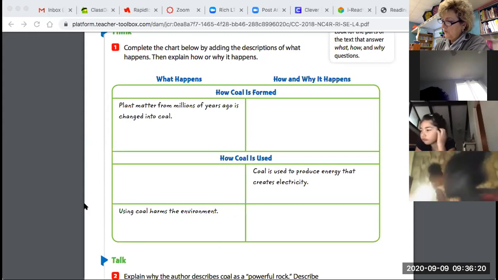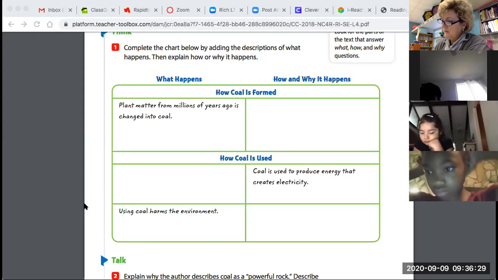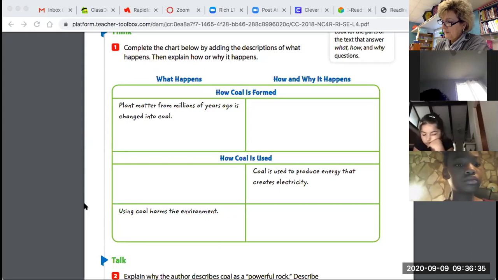It's harmful chemicals released into the air. Chemicals carried through the air by the wind fall into the rain droplets, which is called acid rain. So it says when coal is burned, chemicals are released into the air, right?